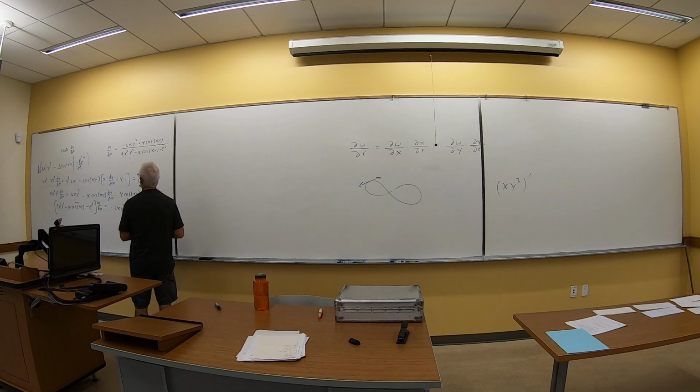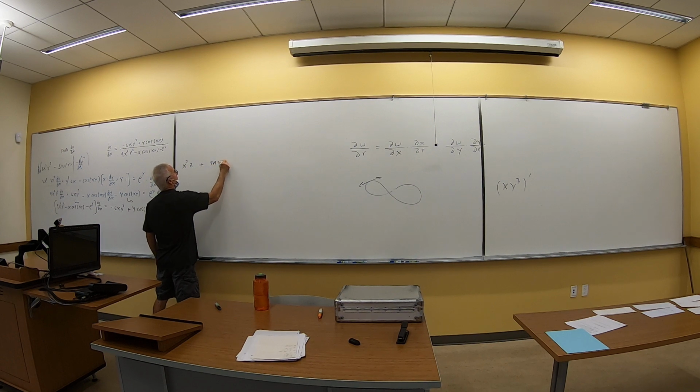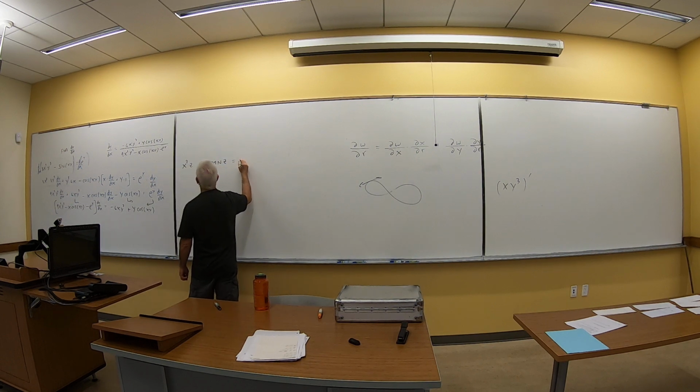Now, let's suppose I have something like this. I want to keep it fairly small. I've got x squared z plus, about, tan z equals yz squared.